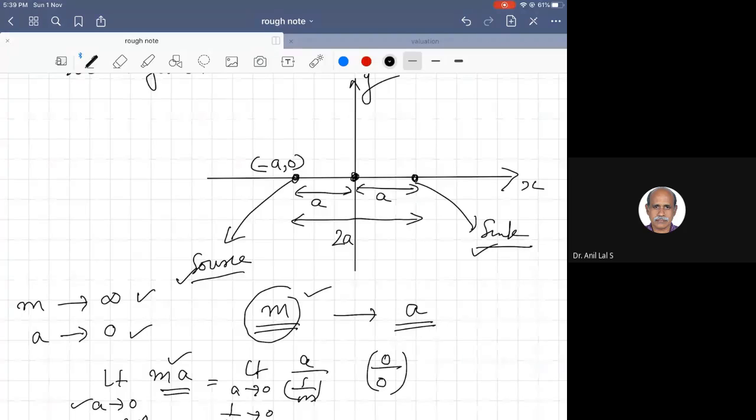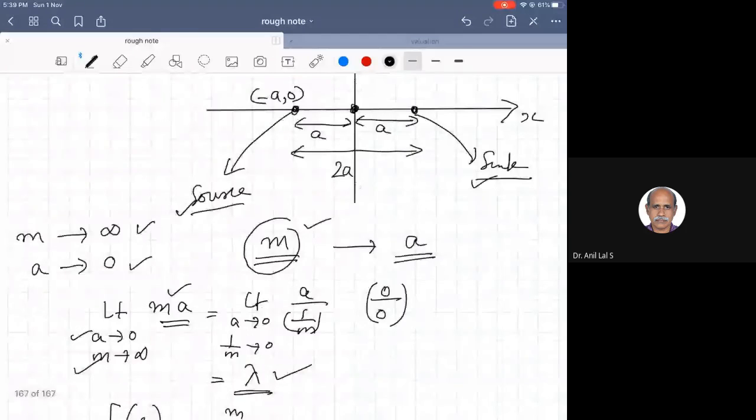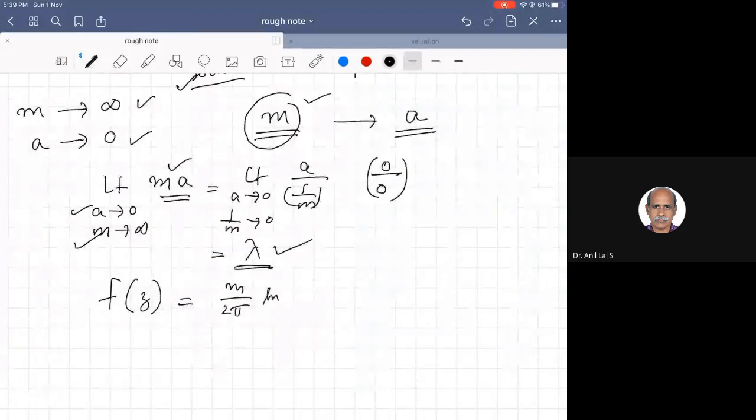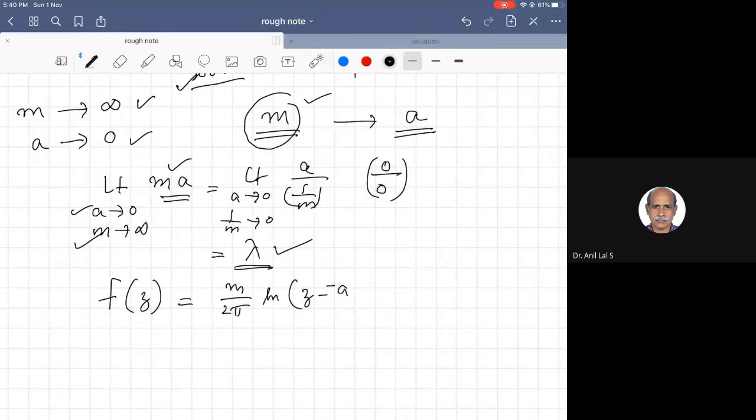So the center of the source is at minus a. So it will be m by 2 pi natural logarithm of z plus a, and this is for the source.